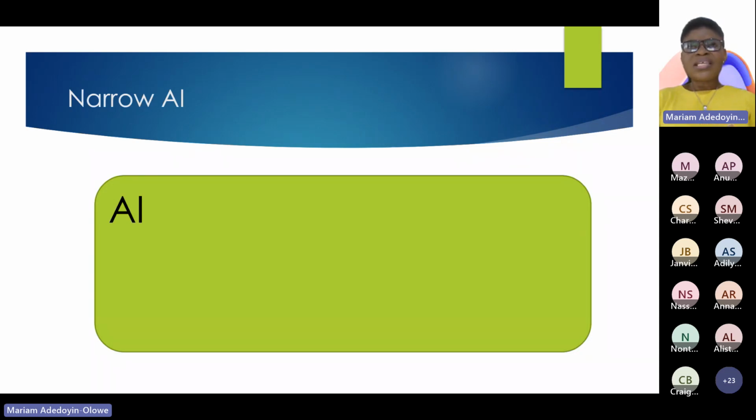So the AI, as I have mentioned in the last slide, is where machines are being programmed in order to perform tasks that humans would have performed. So this is what AI is. And in recent times, we have seen different organizations using AI in different forms, in different tasks, in different areas.